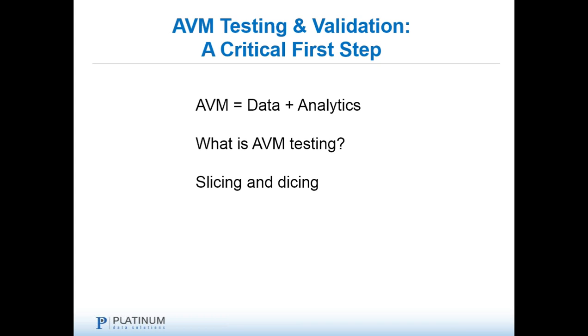And AVM testing is simply the process by which the AVM models will take a property address, and in most cases, they will calculate what they believe to be the current value of that property, and then we compare that predicted value to some known value, most commonly a recent sale price, and we determine what that difference is on a percentage basis. We do this over a large sample set, and we begin to understand how the models perform.